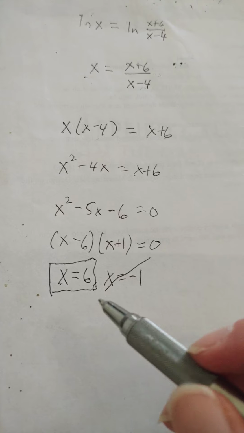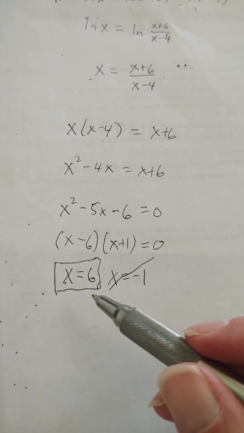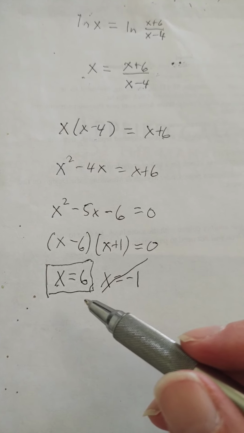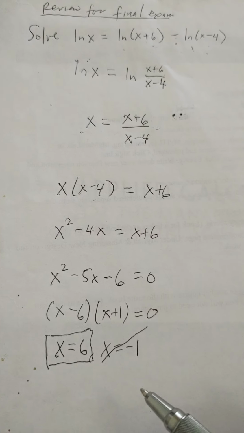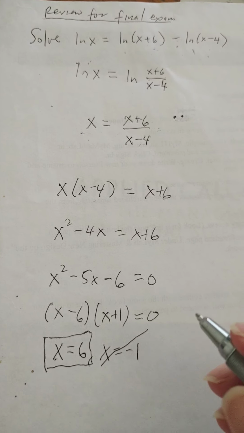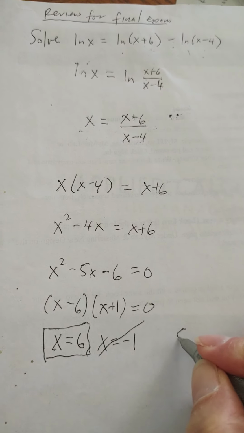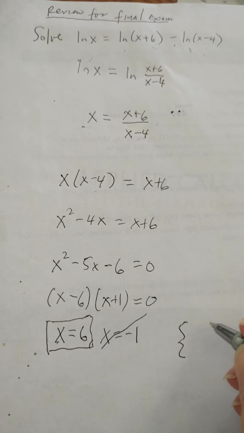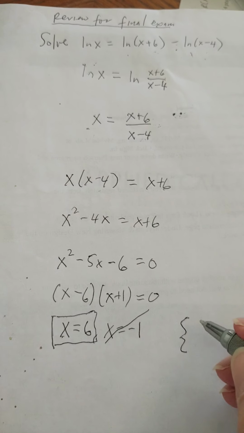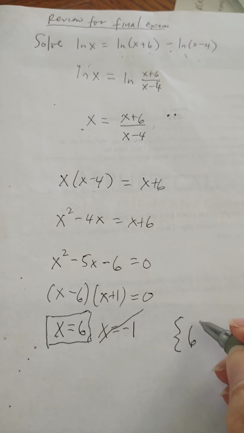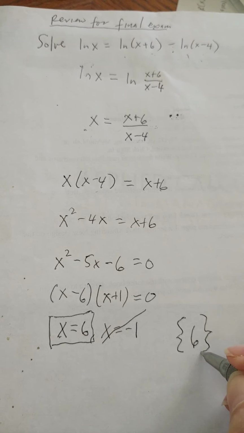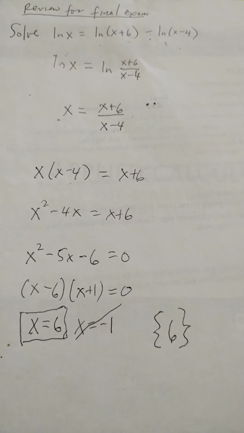But in my math lab, sometimes they want you to write the solution using a solution set. So what is the answer to this problem using a solution set? Solution set means that you're going to have braces in your answer. And since I only have one answer of 6, this is the way you write your solution set. If they want you to do it this way on my math lab, do that.